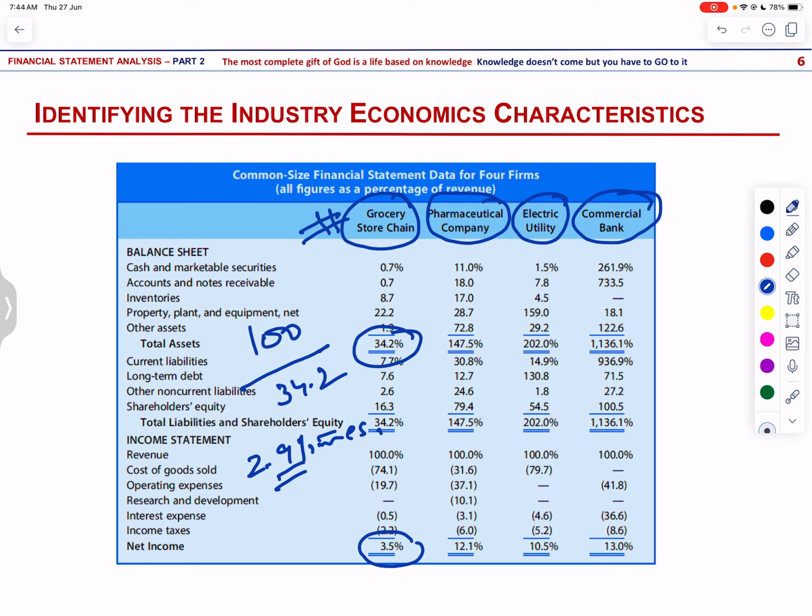Overall, it earns 3.5 times 2.9, that is 10.15%, 10.15 cents in profit for every dollar invested in assets annually.